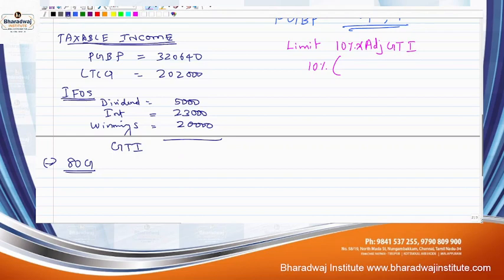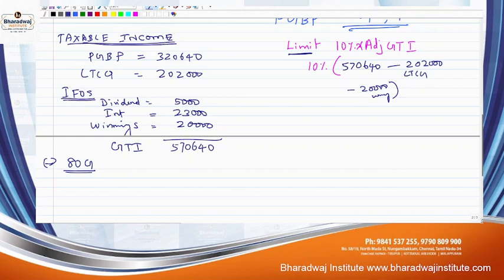What is the gross total income first? Add it. 5,70,640. What all do you have to eliminate? Eliminate LTCG. How much is LTCG? 2,02,000. You have to eliminate all special rate items, winnings. Other deductions under section 80 are not available.